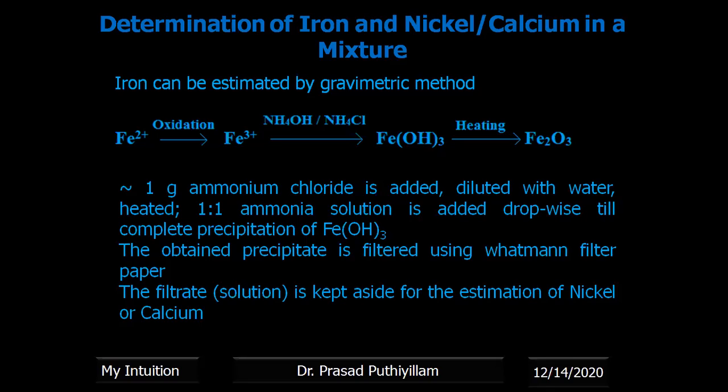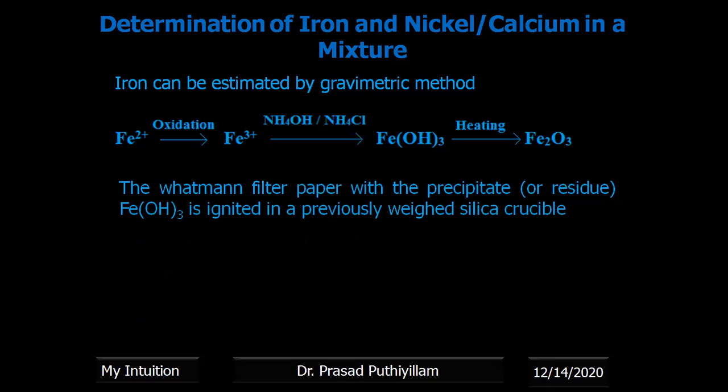The filtrate, the solution remaining after removing the precipitate, is kept aside for the estimation of nickel if it is an iron-nickel mixture, or calcium if it is an iron-calcium mixture.